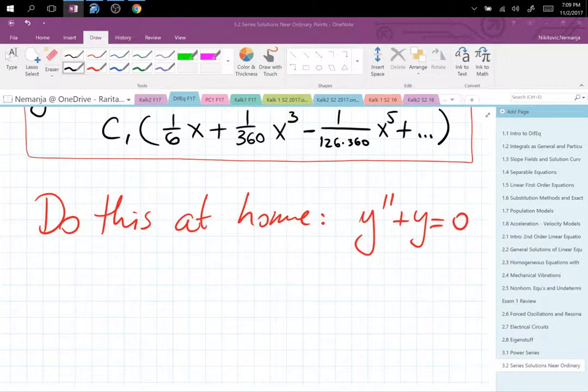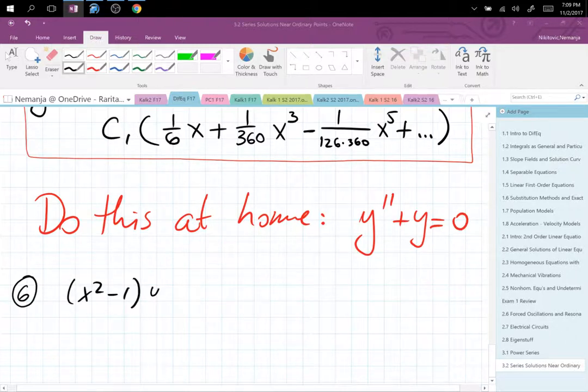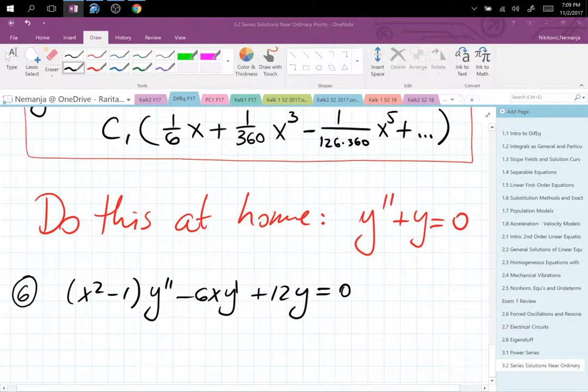All right, guys. Now let's take a look at one of these that look a bit different, which is, let's say, problem number 6. It says x squared minus 1, leave the bracket alone, y double prime, minus 6x y prime plus 12y equals 0.